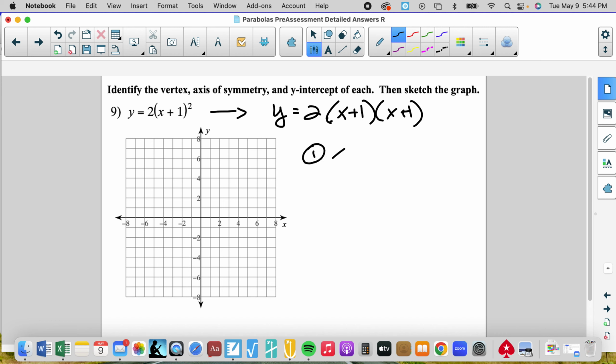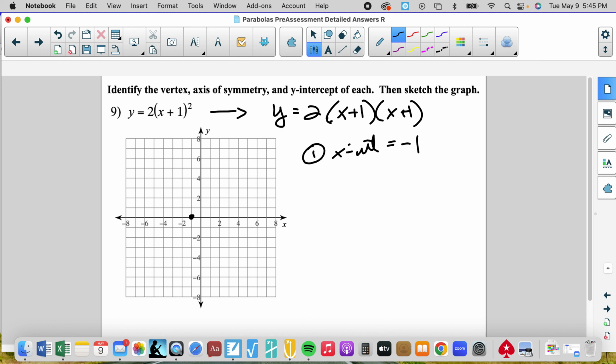So my x-intercept is -1. They're both -1, but we don't do it twice because there's only one -1. So in this case, it's going to bounce off the x-axis, the bottom of my parabola.